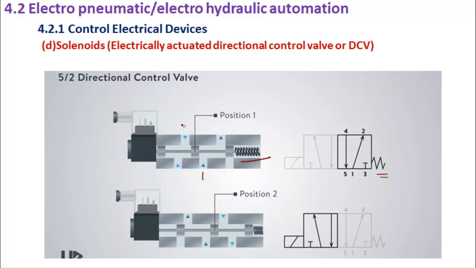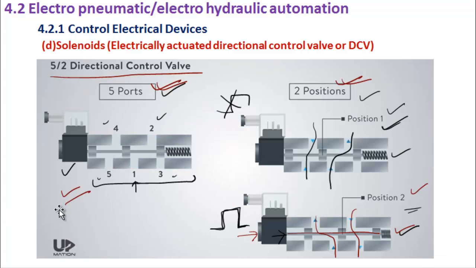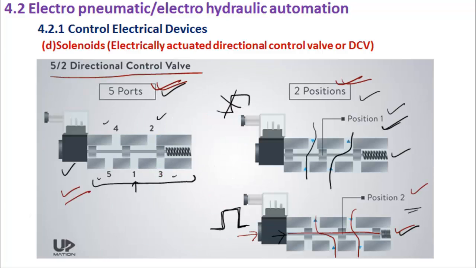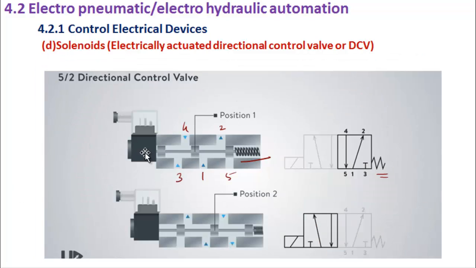This is 1, this is 2, then this is 3, this is 4, this is 5. I suppose I have written it correctly. No, this is 4 and 5, sorry. So this is 4, this is 3 and this is 5. Now you know why we write these numbers like this; I will teach you in the next video.